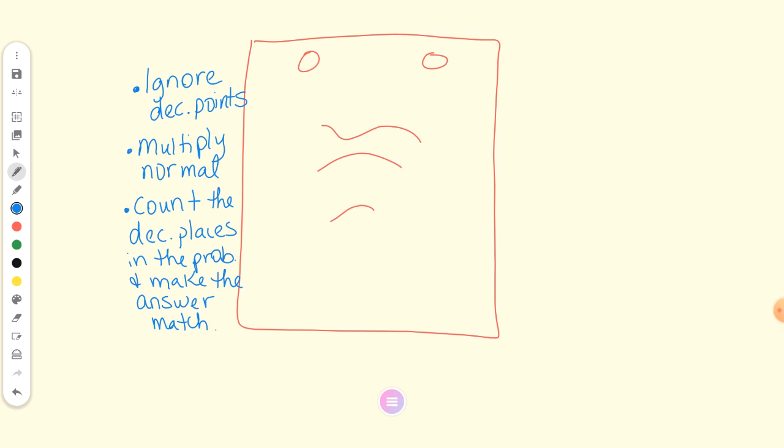So ignore the decimal points, multiply normal, count the decimal places in the problem, and make the answer match. That's our 3 rules kind of condensed.